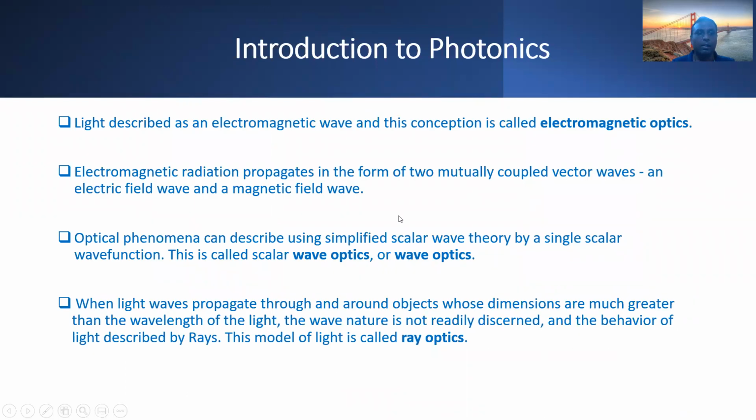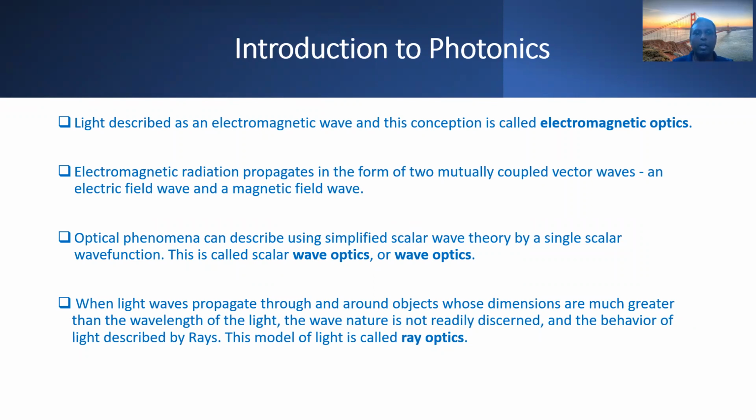Light can be described as an electromagnetic wave, and this conception is called electromagnetic optics. Electromagnetic radiation propagates in the form of two mutually coupled vector waves, namely the electric field wave and the magnetic field wave.